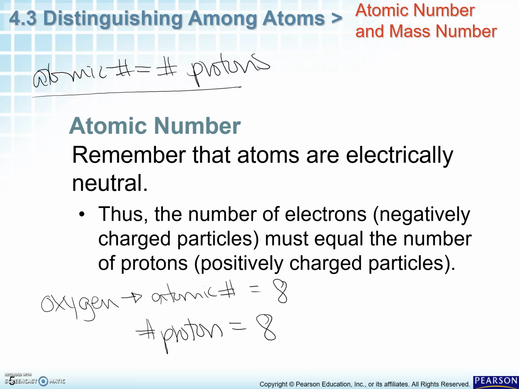So if there were only protons in an atom, this one would have a charge of positive 8. However, atoms have to be neutral. So in order to cancel out all 8 of those positive charges, we would have to have 8 negative charges. And that's how we figure out the number of electrons. In order to make something neutral, you have to have the same number of protons as well as electrons.